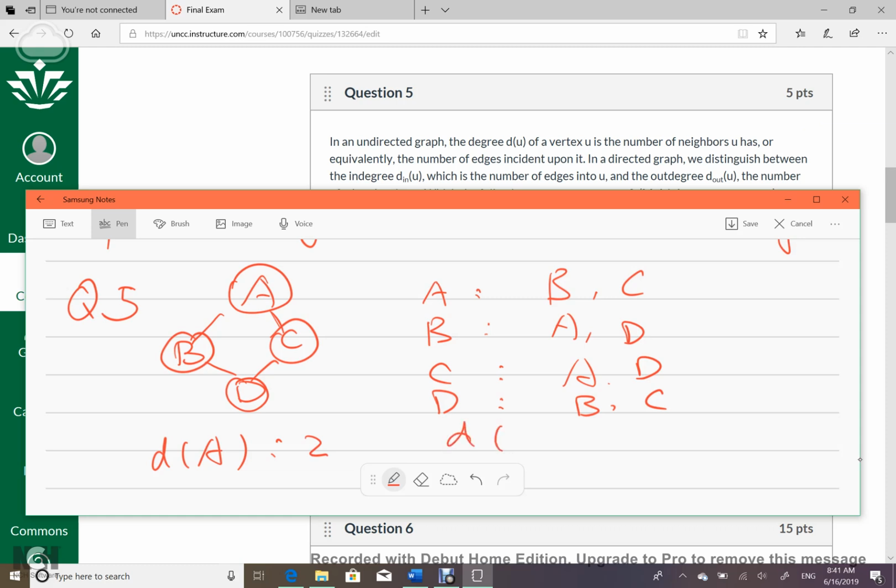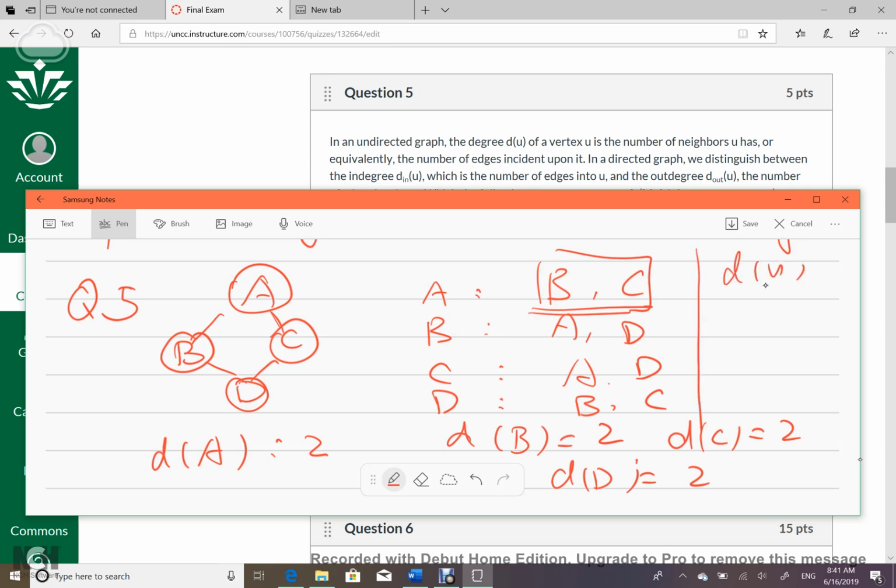And d_B is 2, d_C is 2, d_D is also 2 in this case.